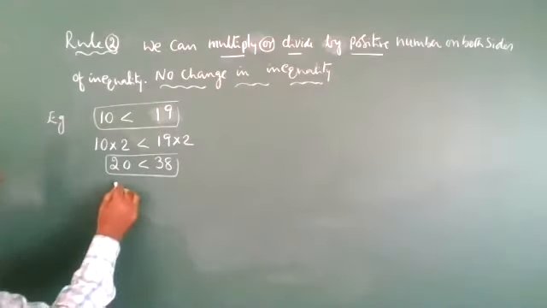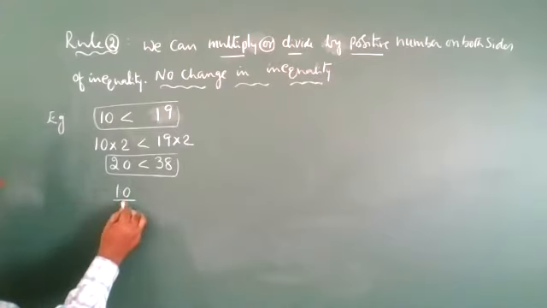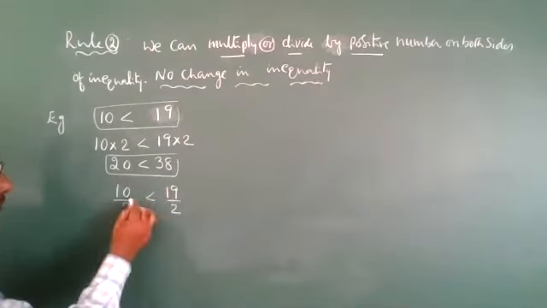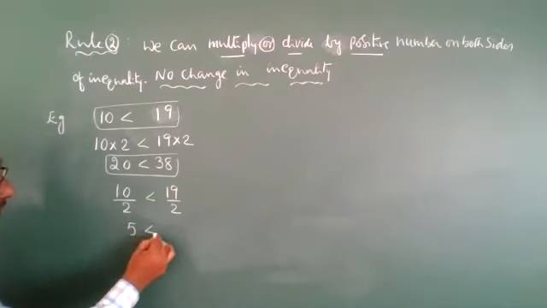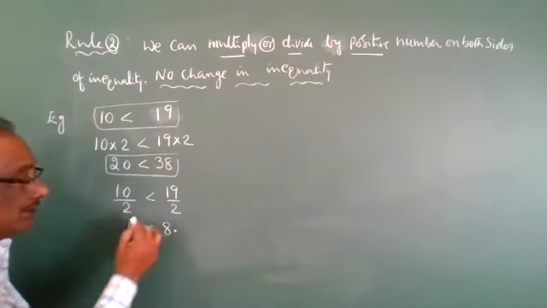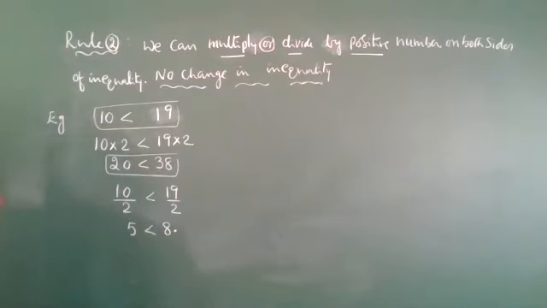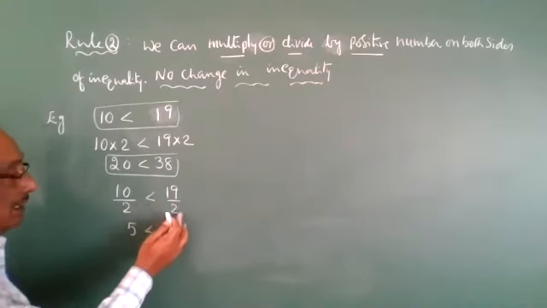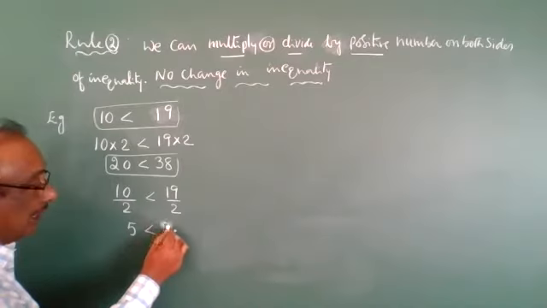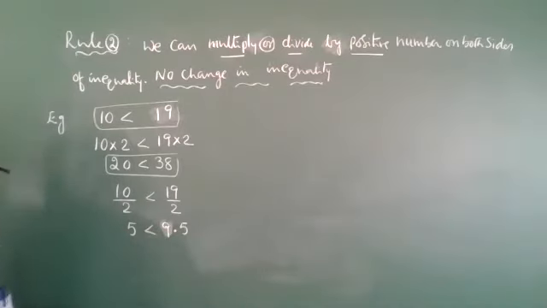Divide: 10 by 2 is less than 19 by 2. 10 by 2 is 5, less than 19 by 2, which is 9.5.